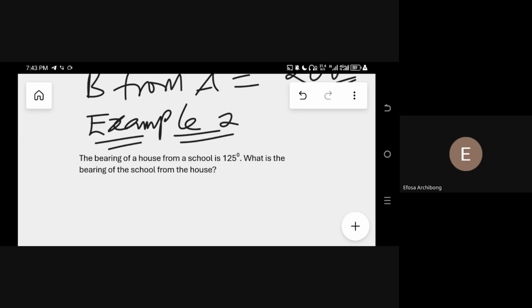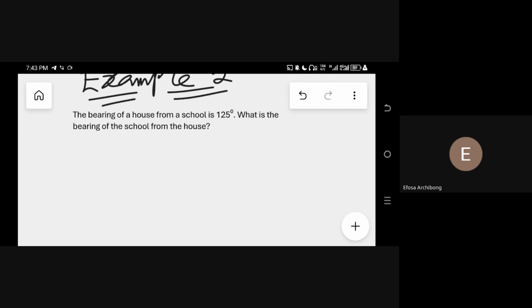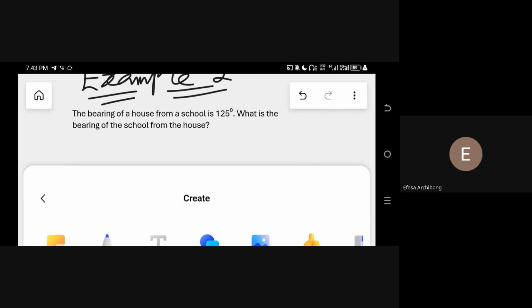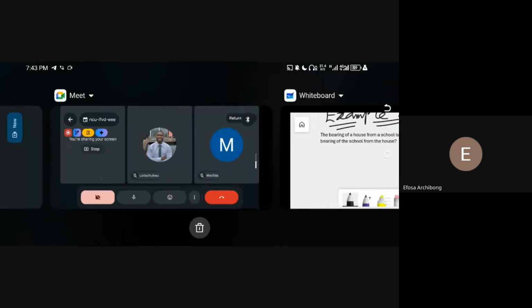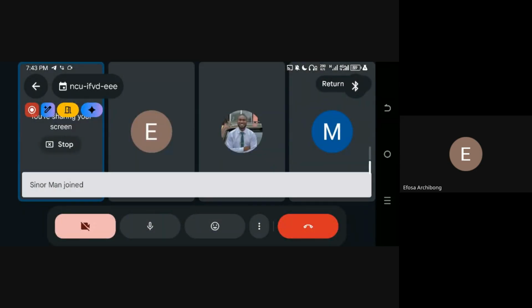So as usual, the first thing you have to do is to identify what quadrant 125 degrees has to be drawn from. From which quadrant should we draw that?